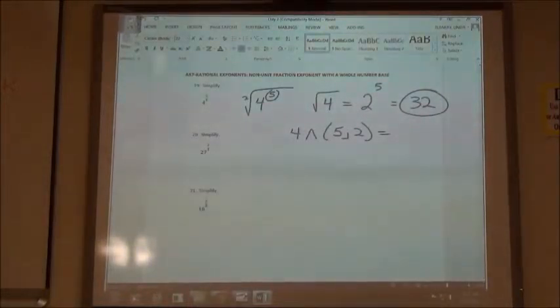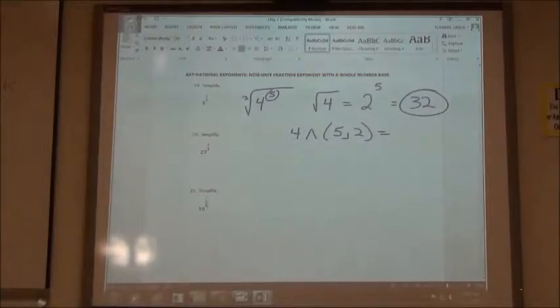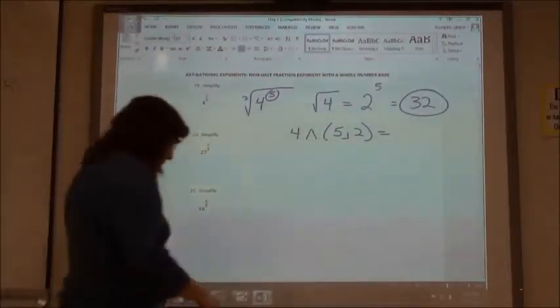Again, try to do it on your paper first and check it with your calculator, but go ahead, put in 4 to the 5 halves power on your calculator. We get 32, right? Okay.